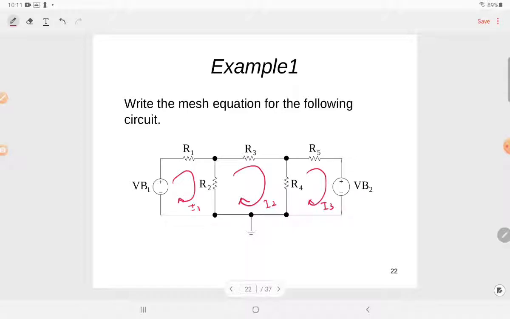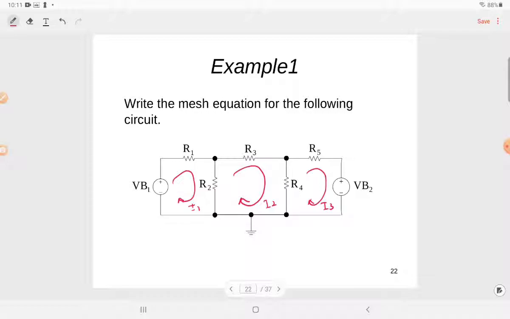Please don't use a different direction for every mesh, because you will have difficulty solving it later. My advice is really to use the same direction of current. In this case, we are using a clockwise direction.